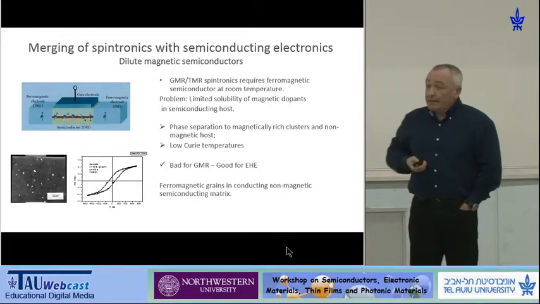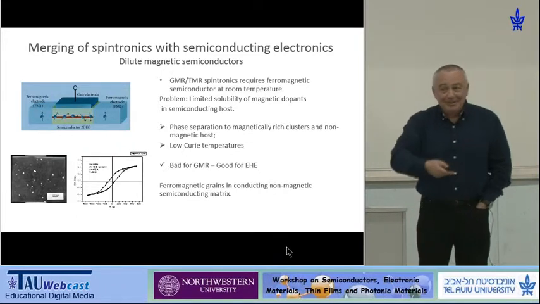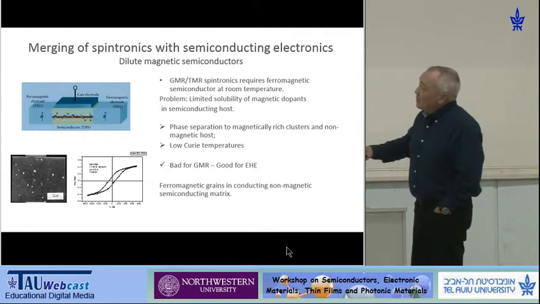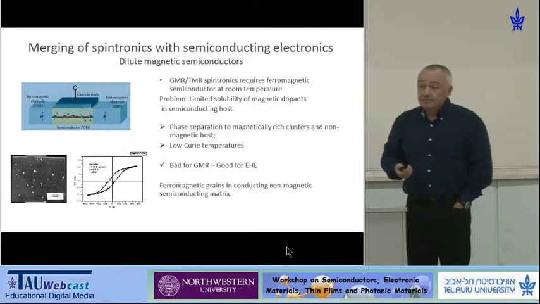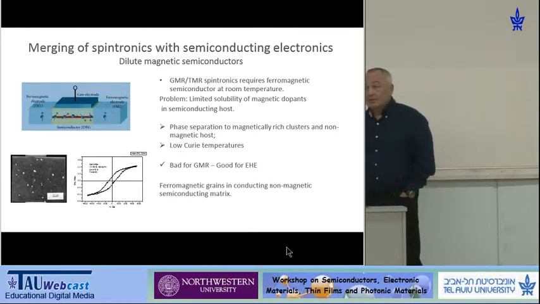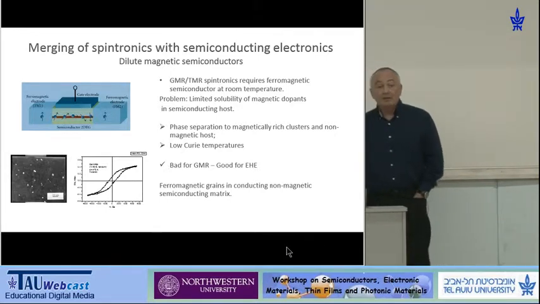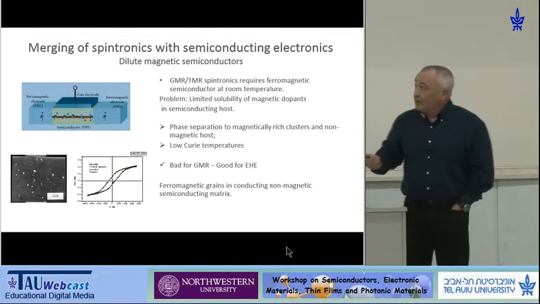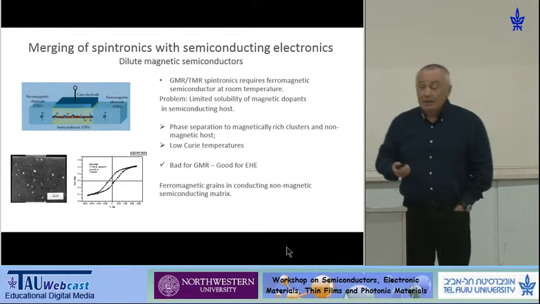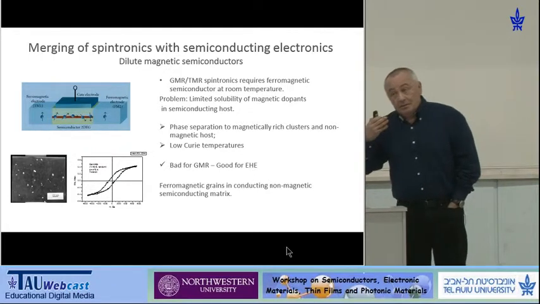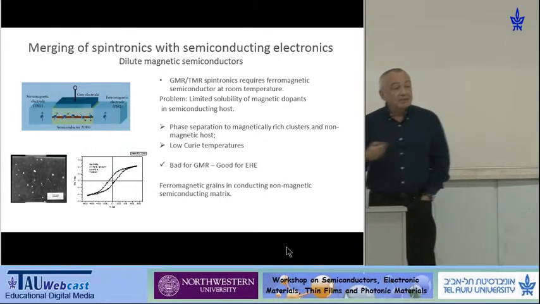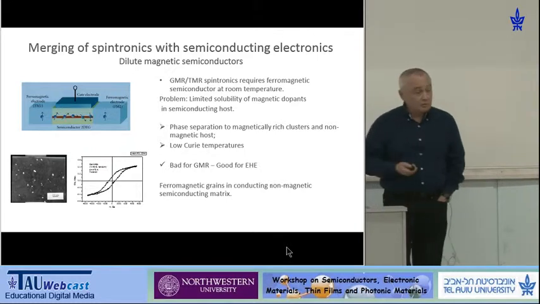Now, one of the basic problems of incorporation of, let's say, metallic ferromagnets with semiconductors is the transition between the ferromagnet and the semiconductor, right? And that's why it is understood by everybody that what one needs is to generate a ferromagnetic semiconductor in order to induce it and to use it.